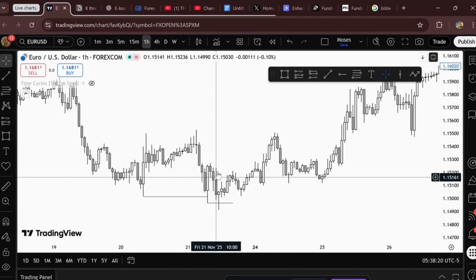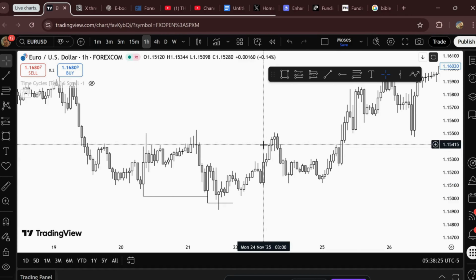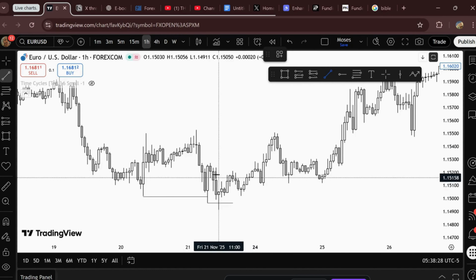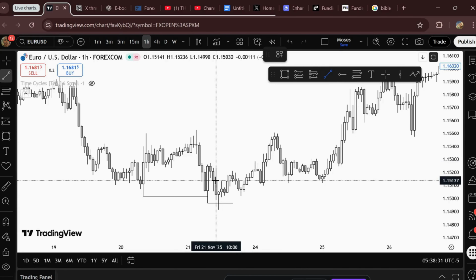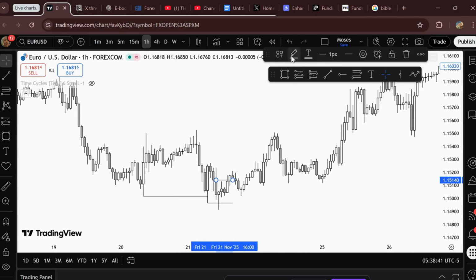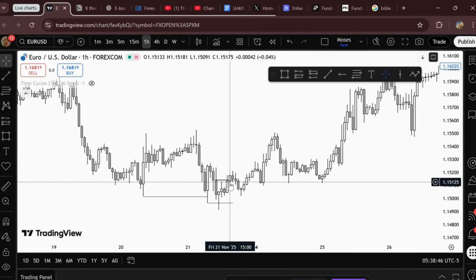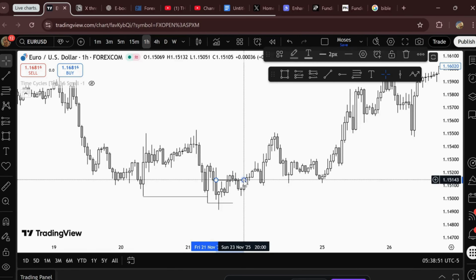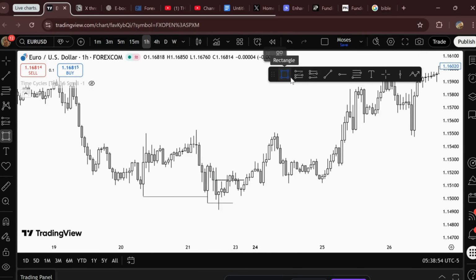This was the last bearish candlestick before price started reversing. As soon as price closed above the open of this bearish candlestick, it qualified to become a bullish order block. And what did price do? Price closed above it with this candle here.